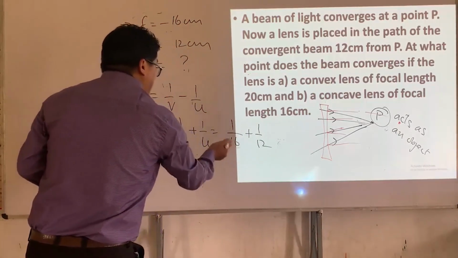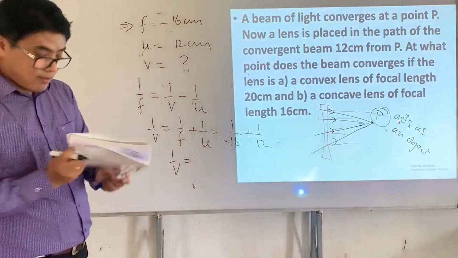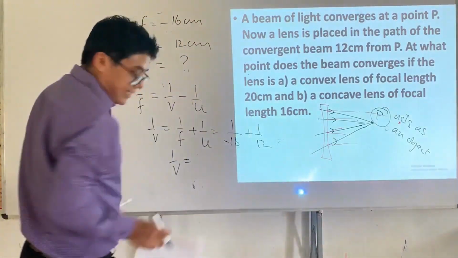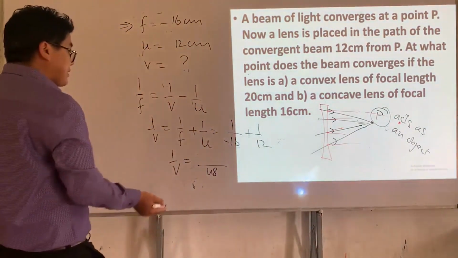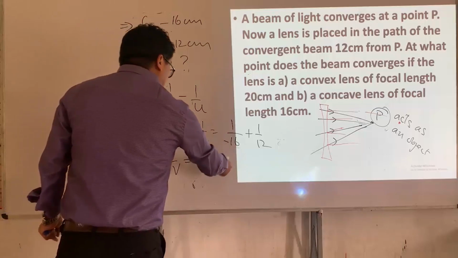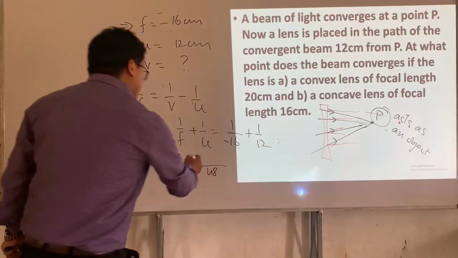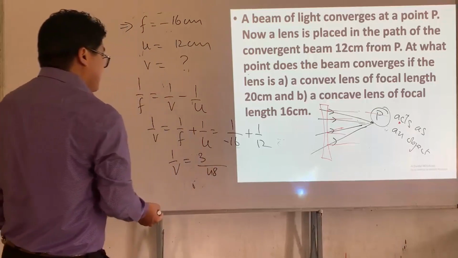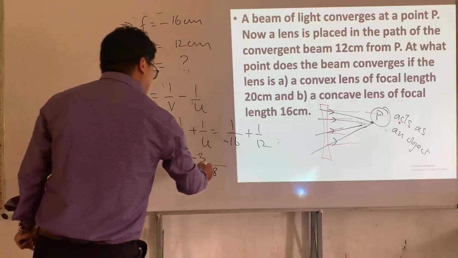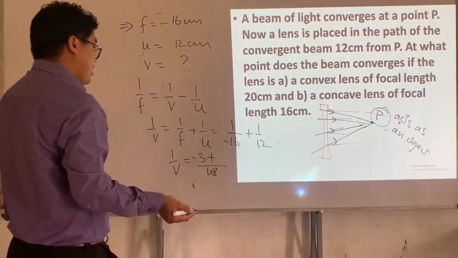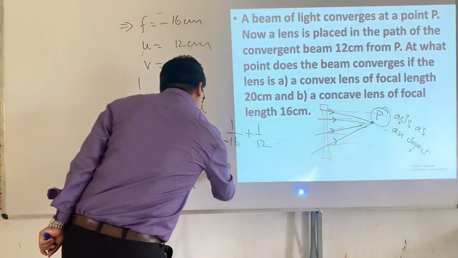And then 1 by V is equal to 1 by 12 minus 1 by 16. What is the LCM? Alright. Let's say we do it like this. LCM is 48. We'll get 48. And then 16 threes are 48, and 12 fours are 48.